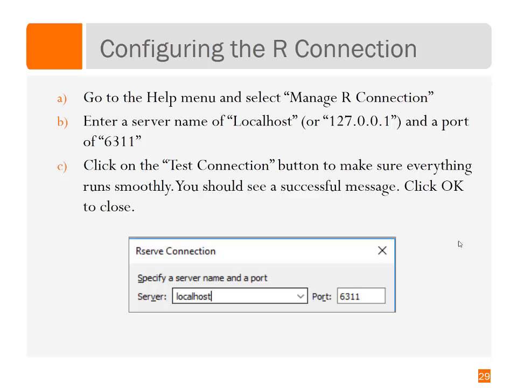You're just engaging sort of your own R server on your own laptop. Often you'll need a port, so you may want to define a port as well to go with that server name. And then you click on the Test Connection button to make sure everything in the communication protocol is working successfully. If you get a successful message, you'll click on OK to close.